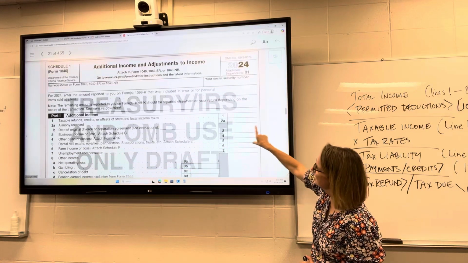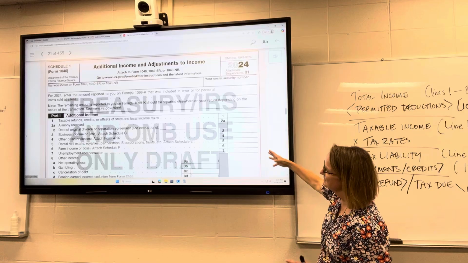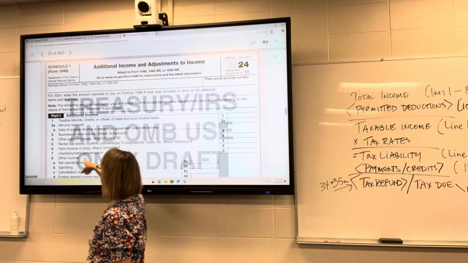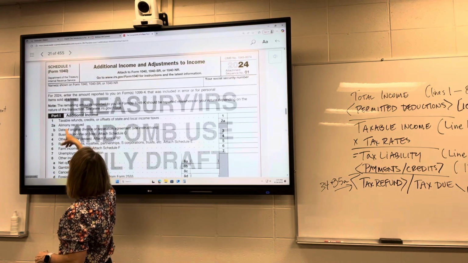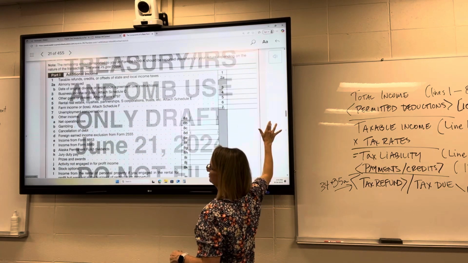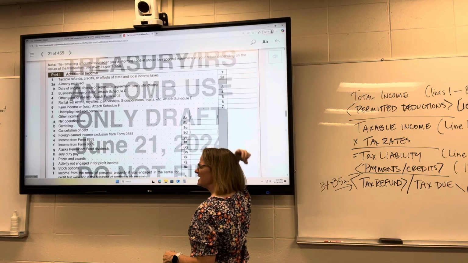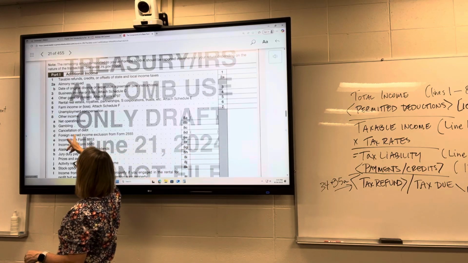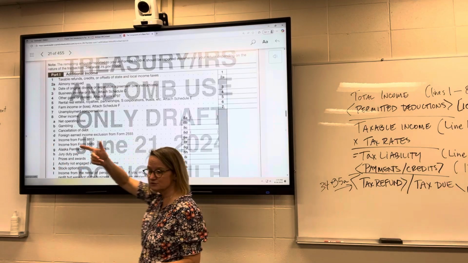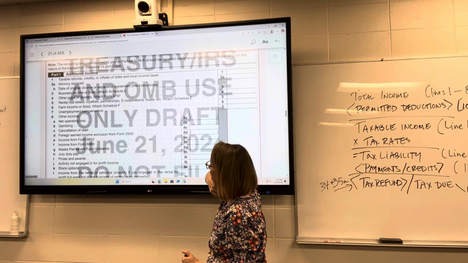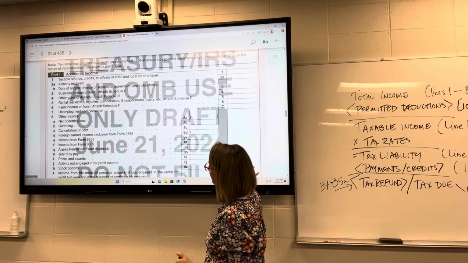So these are other types of income that may be taxable. Some of the things on here: unemployment compensation, so if you received unemployment benefits, alimony, taxable refunds, sometimes your state refund is taxable. Cancellation of debt, if somebody forgives you of debt, that's actually taxable to the person who received the cancellation.